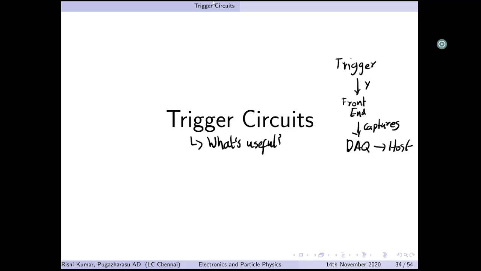But there are quite many difficulties when it comes to trigger circuits. And what are they? So the thing is, this must happen before you even register the event, as we'll see. So this has to happen extremely fast if you want the right set of events to be registered at the soonest. And because of that difficulty, usually what happens is your front-end electronics will have two parts.